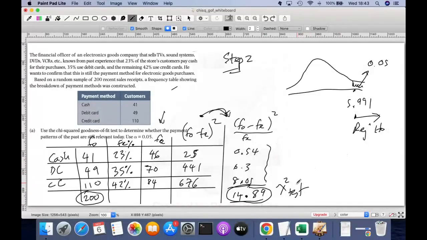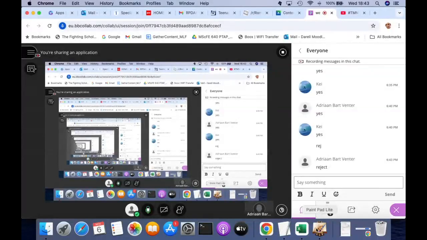Now in step 4, we can determine whether we need to accept or reject our H naught. Based on what we found in step 3, we compare it to the rejection region. Do we accept or do we reject H naught? What do you think? Very good.